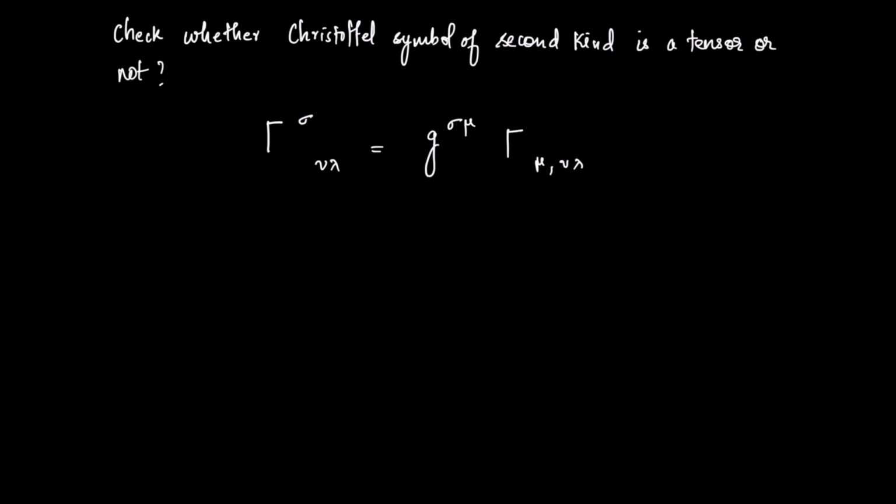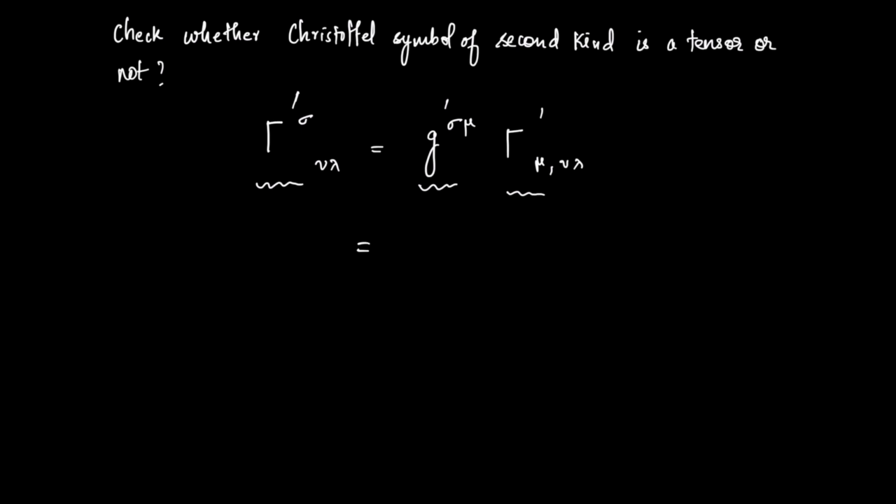So this is the definition of Christoffel symbol of second kind. I take the transformation from one coordinate system to another coordinate system. So this will be prime. All the quantities I am denoting by prime.